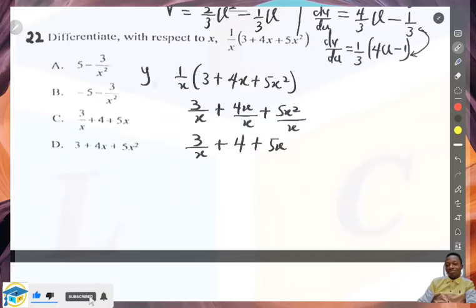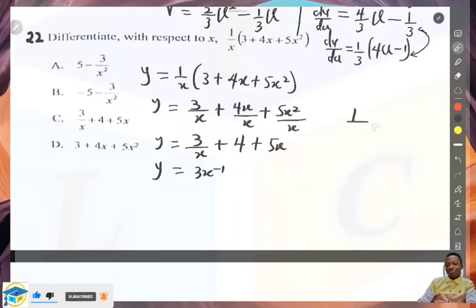So let's say this is equal to y. I will therefore say that dy over dx should be equal to. Remember, before you can start to differentiate this function, you must simplify it further. So y can also be written as 3x to the power negative 1, because 3 over x can be written as 3x to the power negative 1.